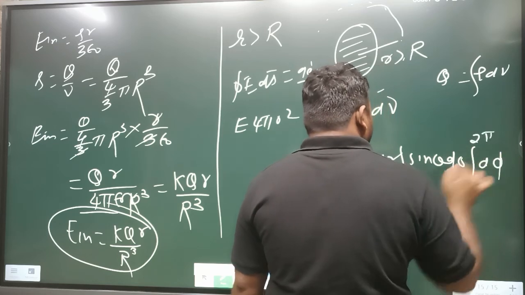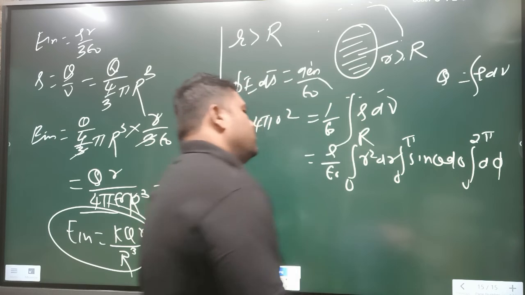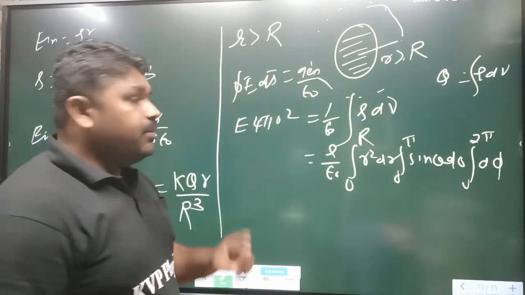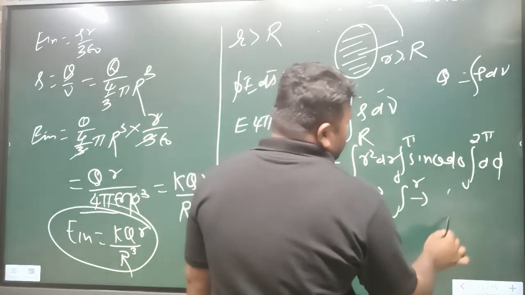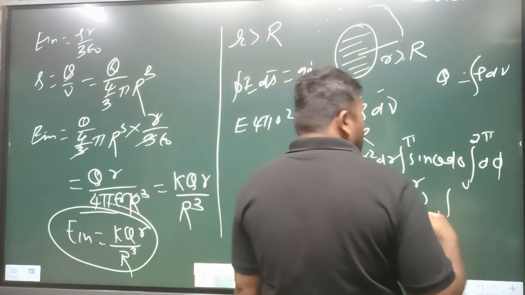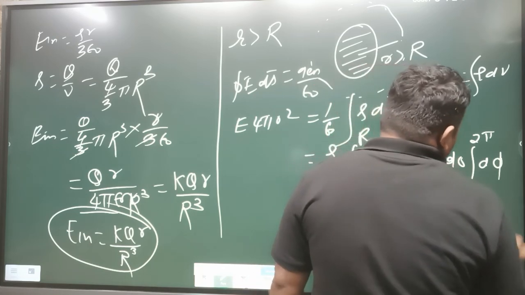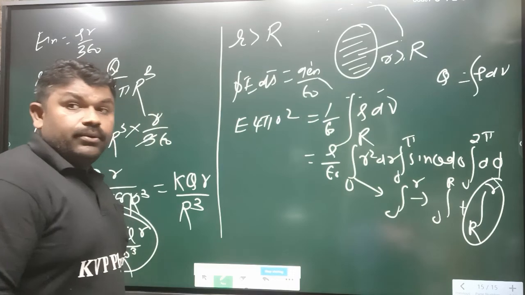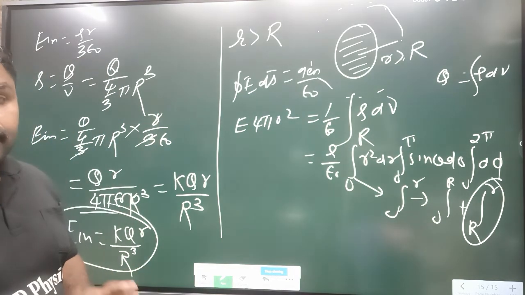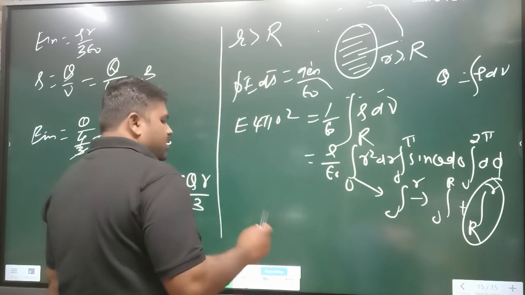Limit is 0 to 2 pi, 0 to pi, 0 to capital R. But here limit is 0 to small r. Always memorize. 0 to small r can be written as 0 to capital R plus capital R to small r. From capital R to small r there is no charge element. This part is 0.